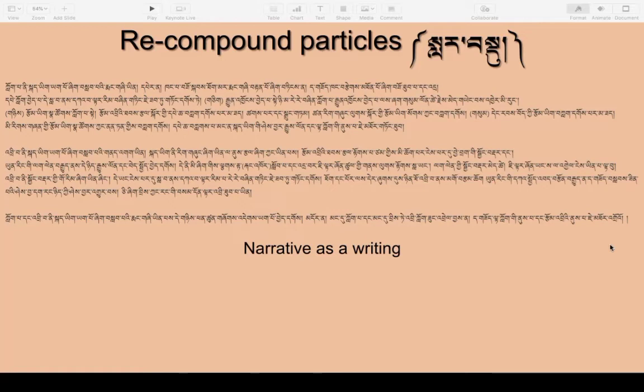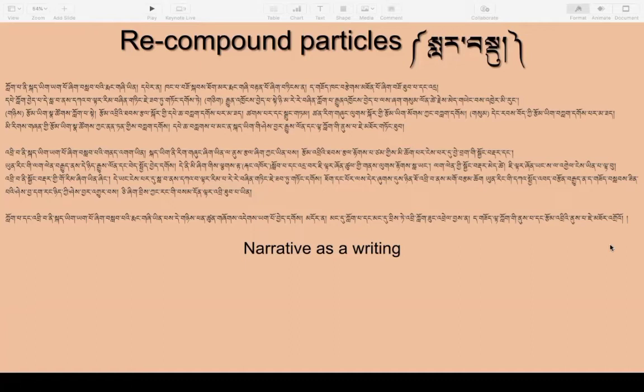This is the point where one narrative is finished. Now the second one will begin. It can be a single word, a sentence, multiple sentences, a paragraph, or multiple paragraphs. It depends on how long the narrative is and how much description there is in this narrative.